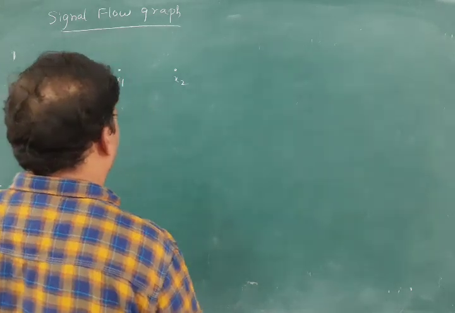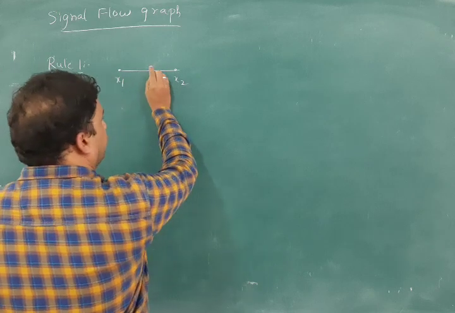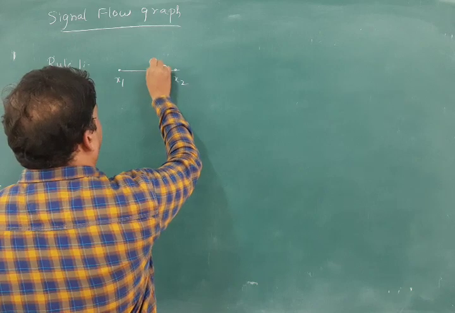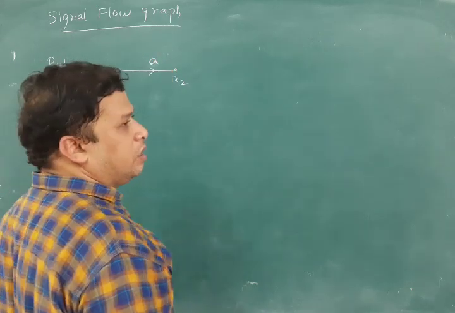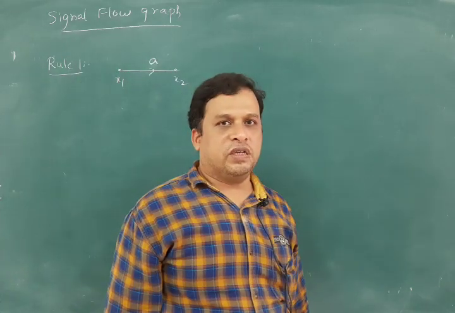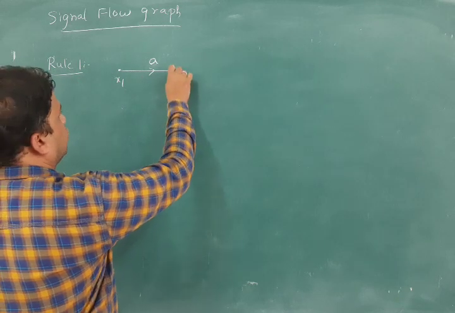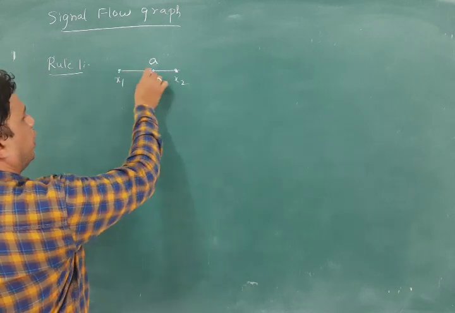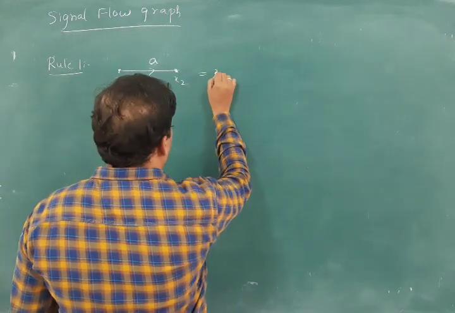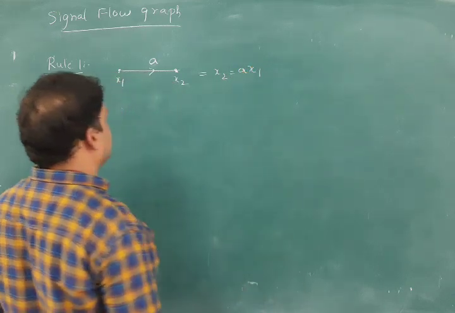If we connect them like this, this is the gain A. How can this be written in the form of an equation? x2 is the output node, x1 is the input node, where it is outgoing, and this is the incoming direction. So we can write x2 equals a x1.